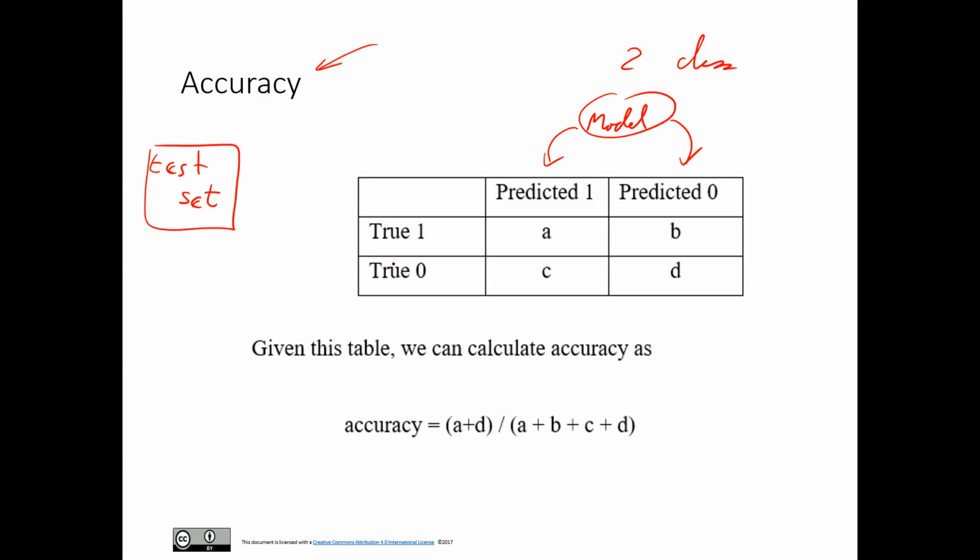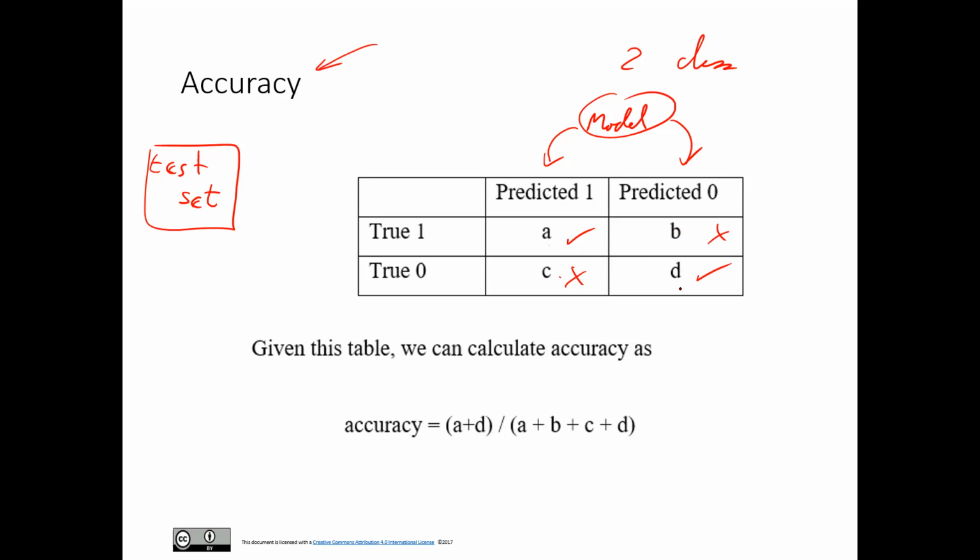If that sample is truly a 1, the model could either say that it is a 1, or it could incorrectly say that it is a 0. So that's why we have A and B. The same applies for the other one. We have a given sample and we know it's a true 0. The model, once again, given that sample without a label, could predict incorrectly it is a 1, or correctly that it is a 0. So these are basically the correct ones, and these are the incorrect ones.